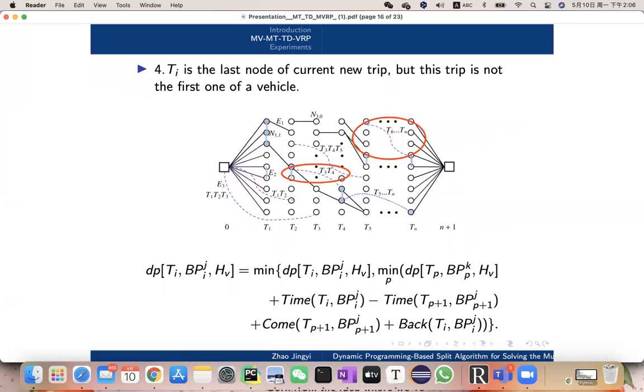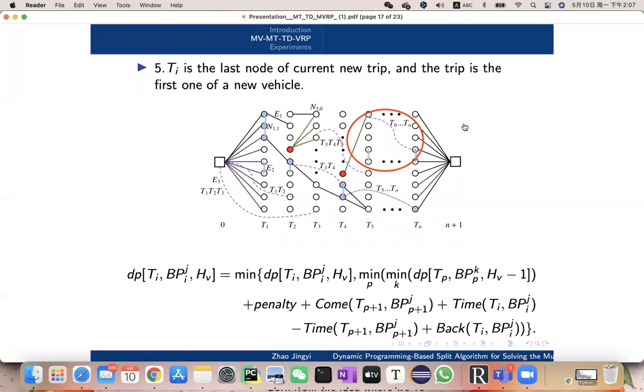For example, this purple edge, this trip has 2 nodes, T3 and T4, and the departure time must be early enough that we can depart from the depot and then get to T3 at its J-th breakpoint. So they need to satisfy some relationship between the departure of the last trip and this trip.